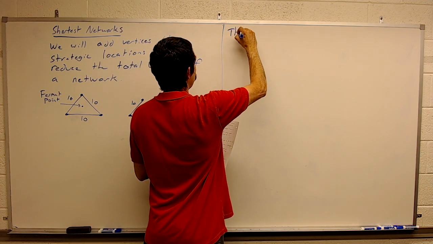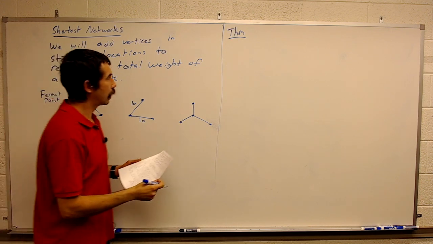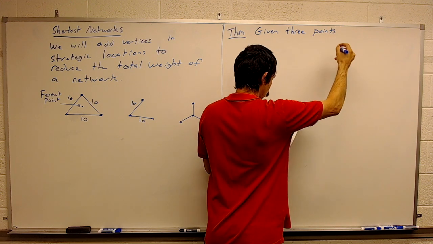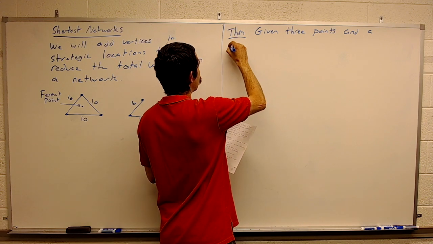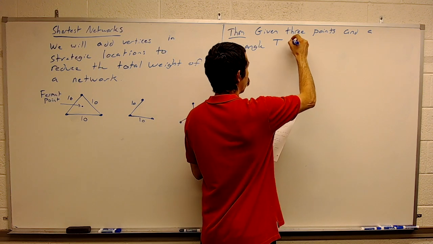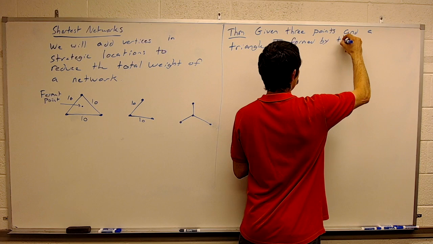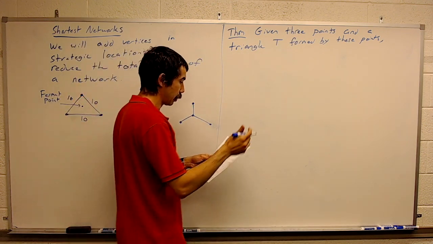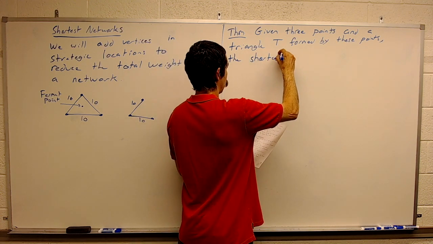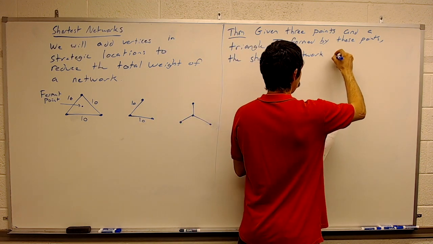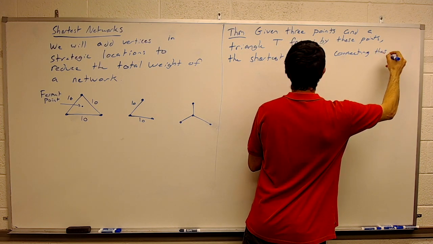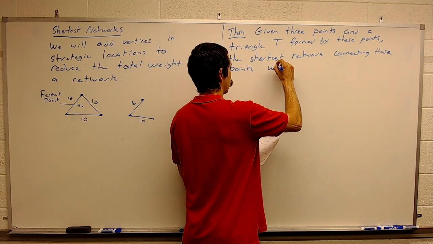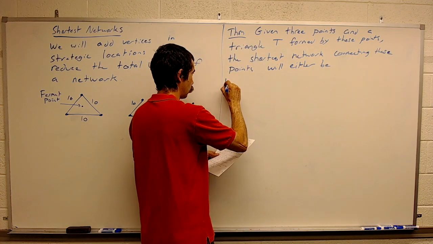Okay, so let's state a theorem. Given 3 points and a triangle T formed by these points, the shortest network connecting these points will be one of two options.